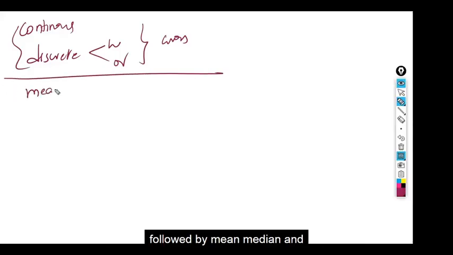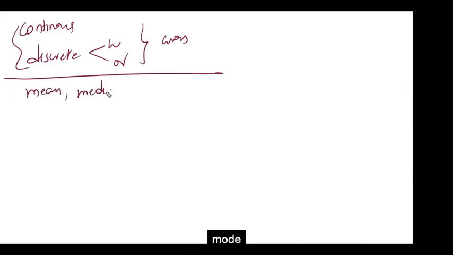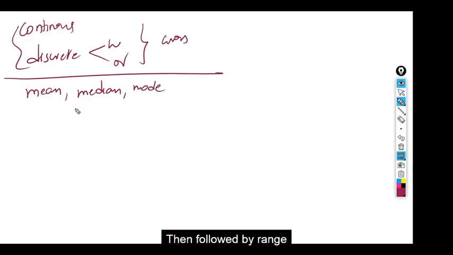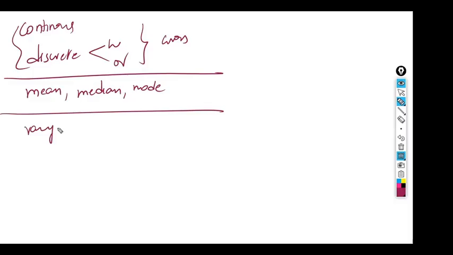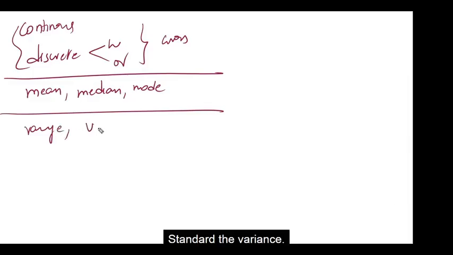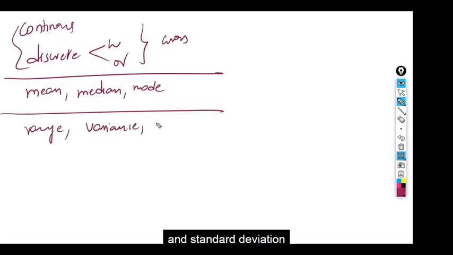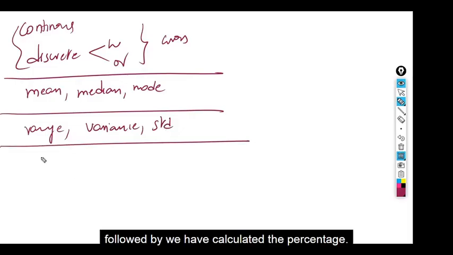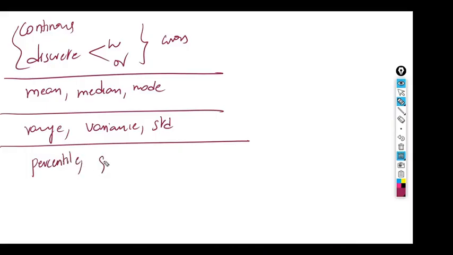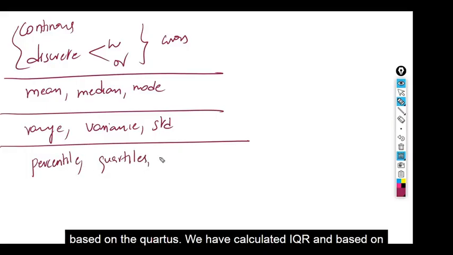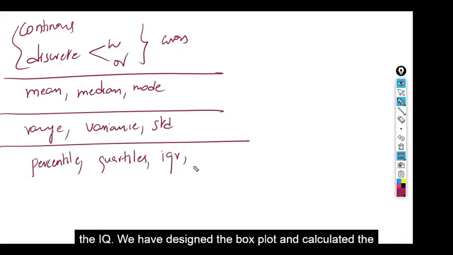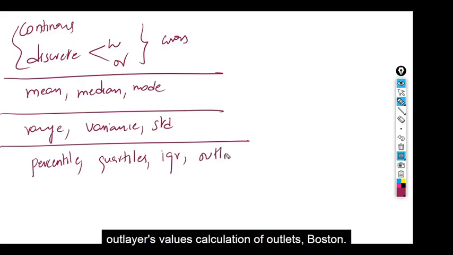Followed by mean, median, and mode. Then followed by range, variance, and standard deviation. Followed by that, we calculated the percentiles and quartiles. Based on the quartiles, we calculated the IQR, and based on the IQR, we designed the box plot and calculated the outlier values.